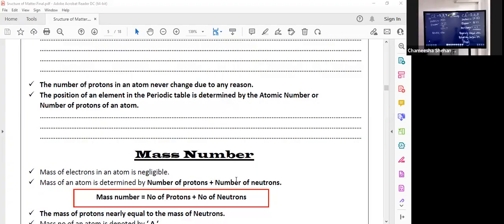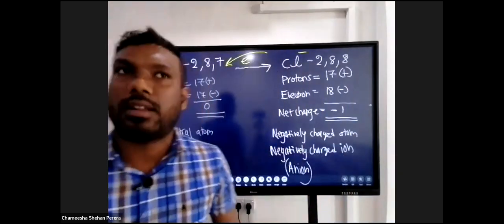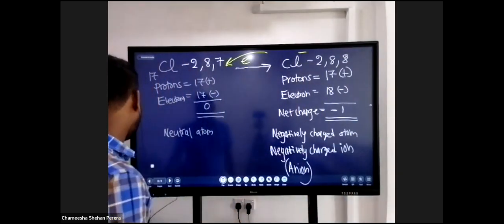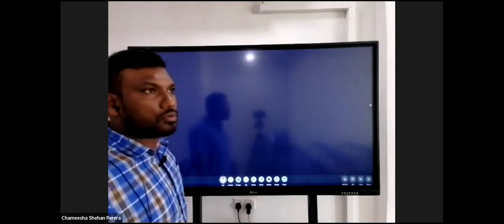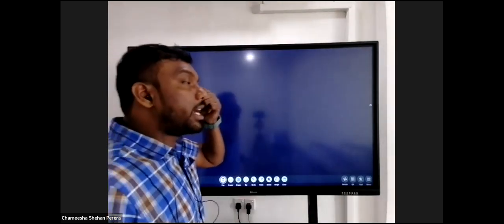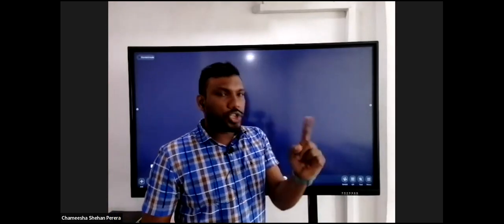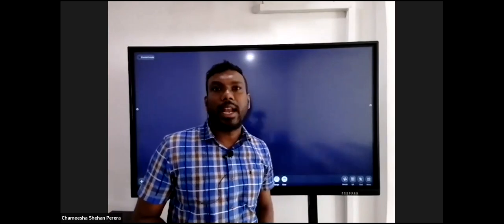As you know, the proton number and the atomic number are the same. So the periodic table is designed according to the atomic number, and the elements are positioned in the periodic table depending on the atomic number.